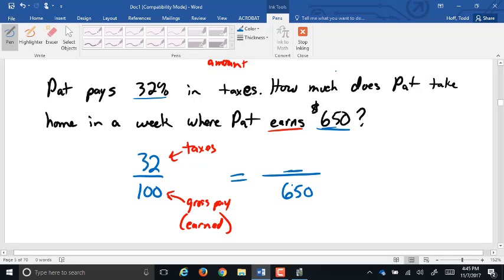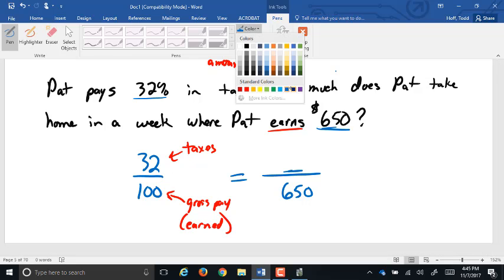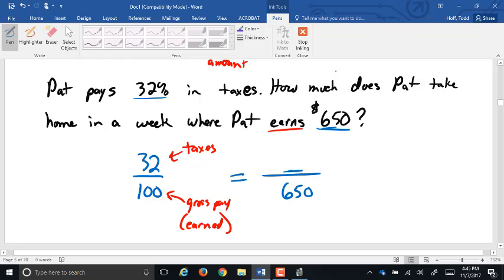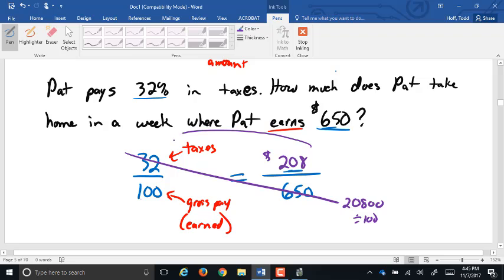Yes, that should have been 650. Sorry about that. So let's cross multiply and find this number. 32 times 650 is what? $20,800 divided by the 100, 208. That's the amount that Pat pays in taxes.